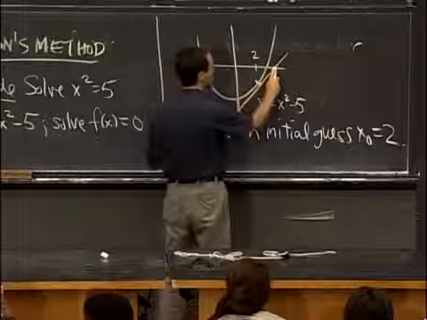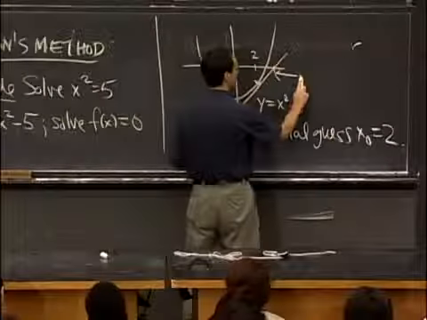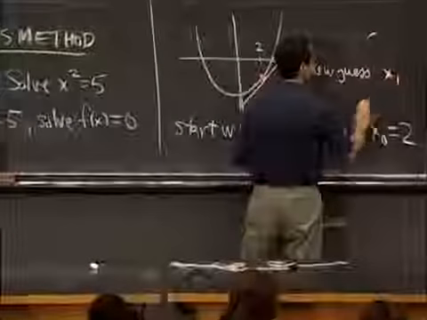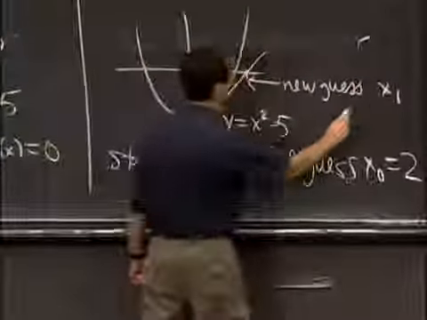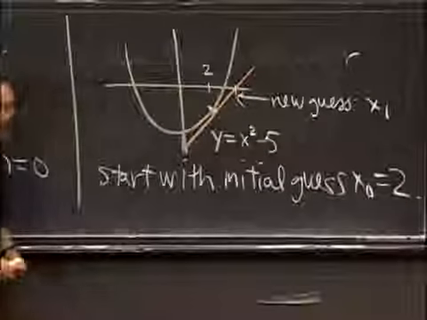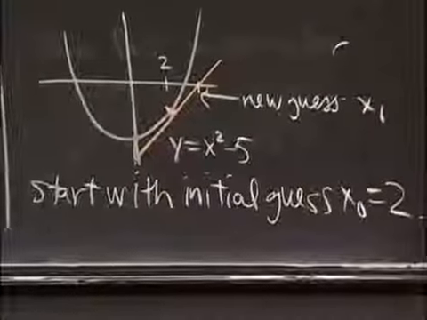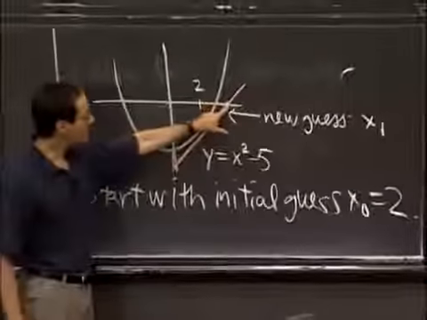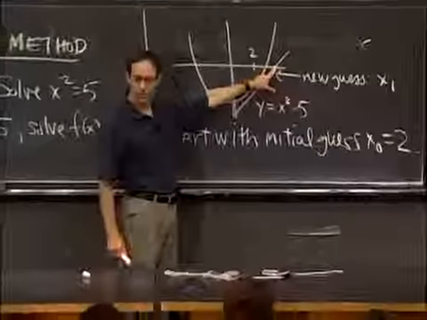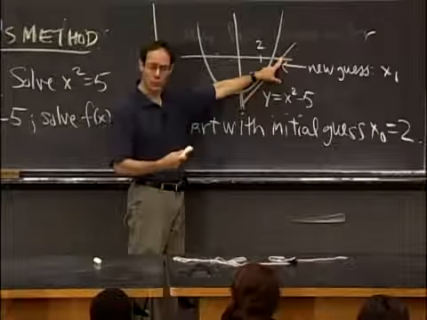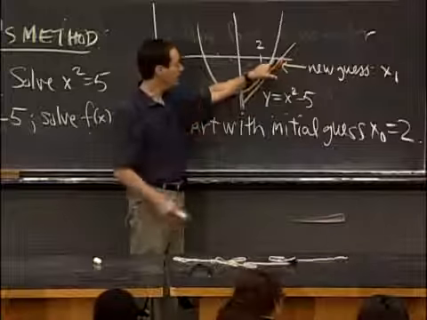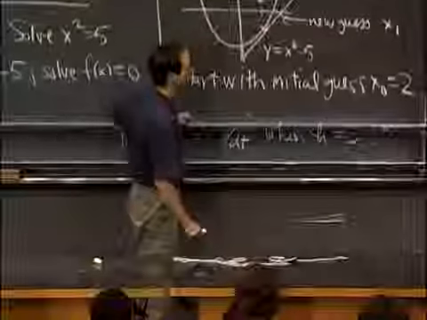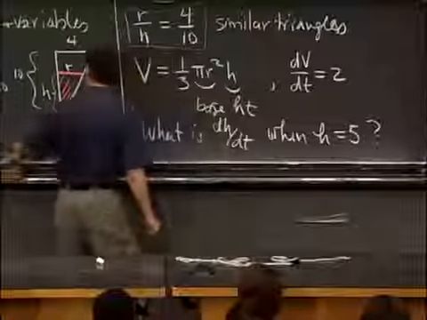And this is going to be our new guess, x equals x, which we'll call x1. All right? So the idea here is that this point may be somewhat far from where it crosses, but this point will be a little closer. And now we're going to do this over and over again and see how fast it gets to the place we're aiming for. All right? So we have to work out what the formulas are, and that's the strategy.